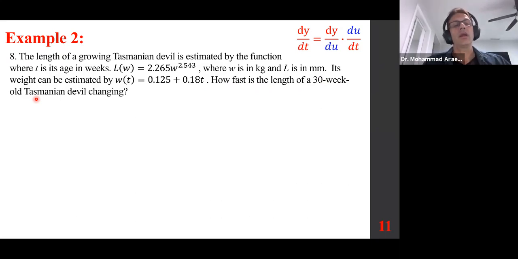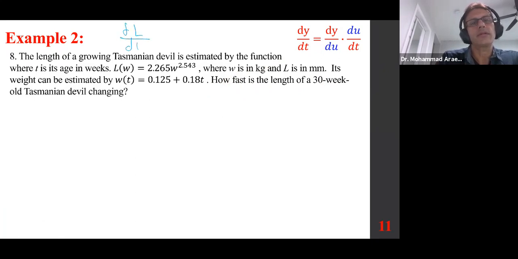Okay. So basically, we want to use this formula. They're not asking to calculate certain pieces, you know, for example, the length or the weight after 30 weeks, although we may need it. So I hope you realize how we are going to do that. We did this before. So we want dL/dt, and so we write the dL, and then we write the dt.